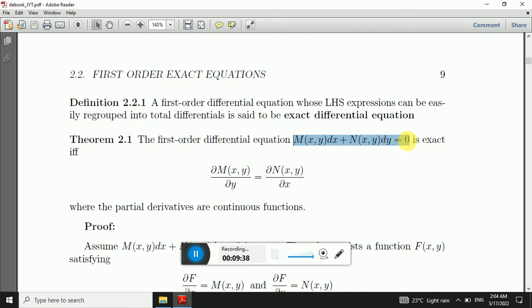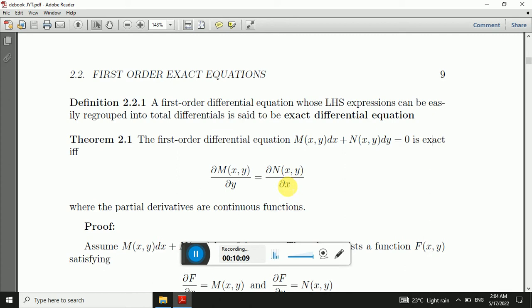Okay, now when are we going to have such differential equations equaling 0 being exact? So the condition is that this form of equation will be exact if curly M, curly y, I always pronounce it as curly M, curly y to mean the partial derivative of M with respect to y, is equal to the partial derivative of N with respect to x.